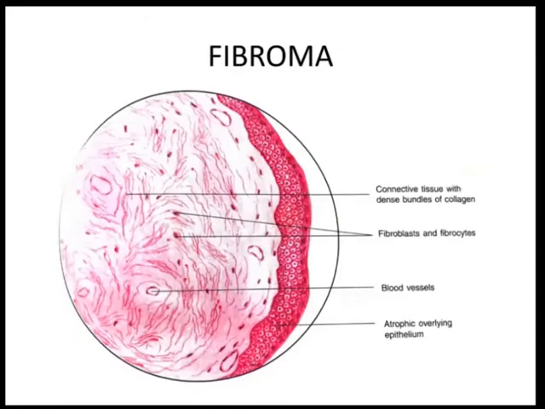Starting with the fibroma, you can see an overlying epithelium which is atrophic, which is thin and stretched, and below is a connective tissue with dense bundles of collagen, and also you can appreciate fibroblasts and the blood vessel.